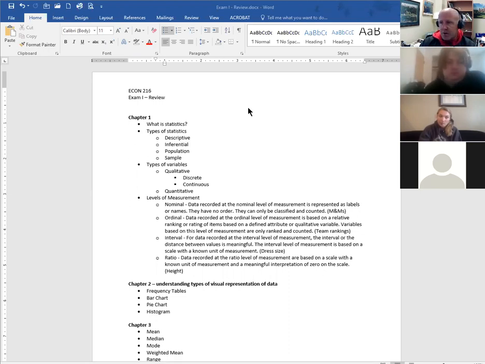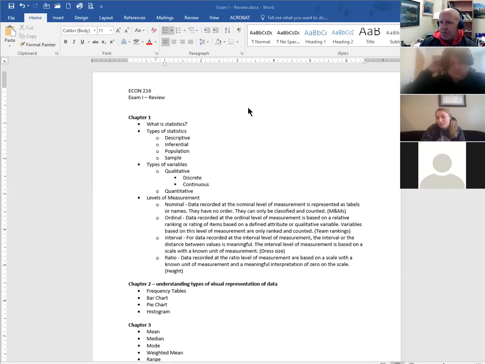All of those things are mainly descriptive, as opposed to, maybe we've got some political poll that's been taken, and we're taking a sample of people and their opinions, and then we're making inferences to the entire population, making our best guess of who's going to win the election, for example.